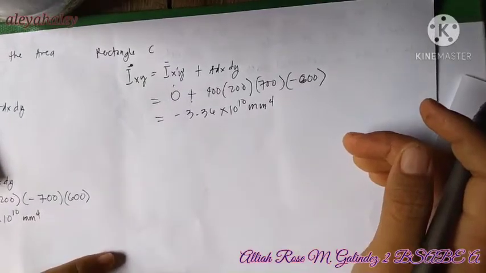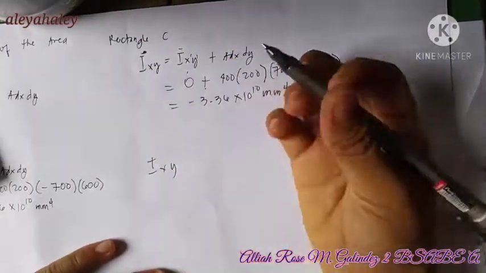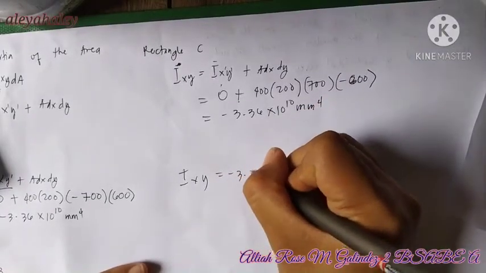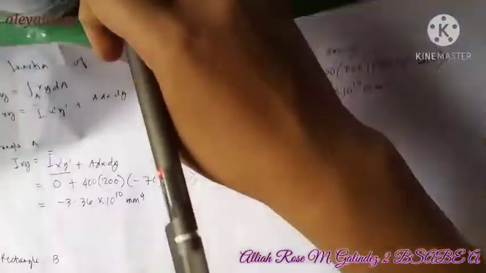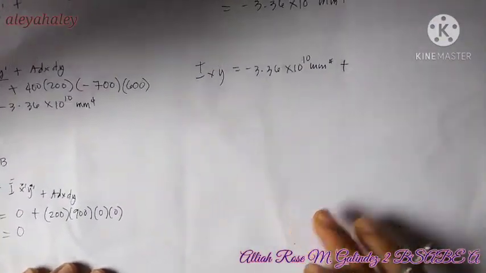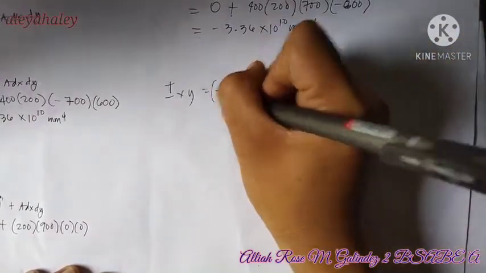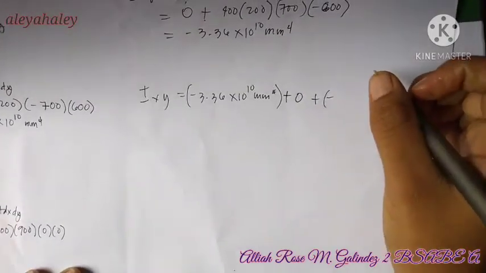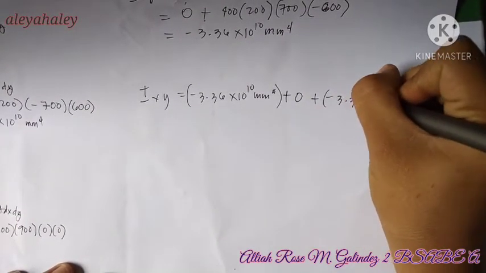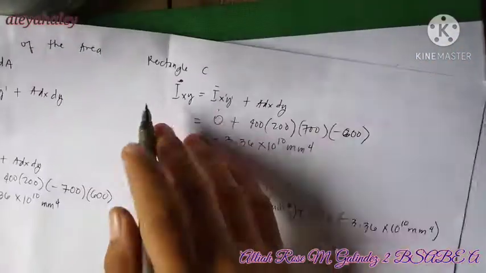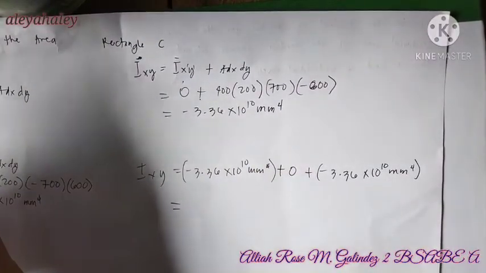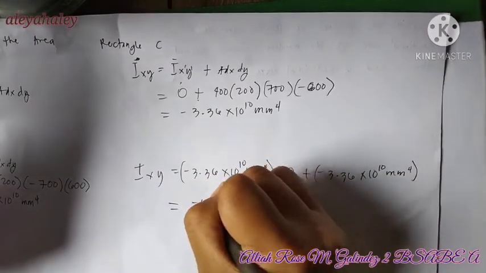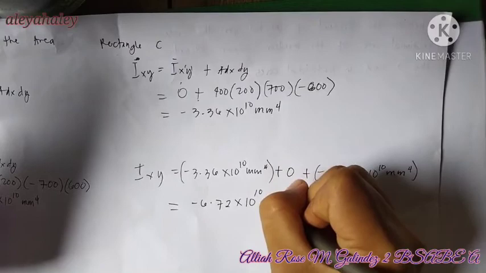And the product of inertia for the entire cross section, Ixy, is equals to negative 3.36 times 10 raised to the power of 10 millimeter to the fourth plus the rectangle B, which is 0, plus negative 3.36 times 10 to the power of 10 for the rectangle C. So to sum it up, we have negative 6.72 times 10 raised to the power of 10 millimeter to the fourth.